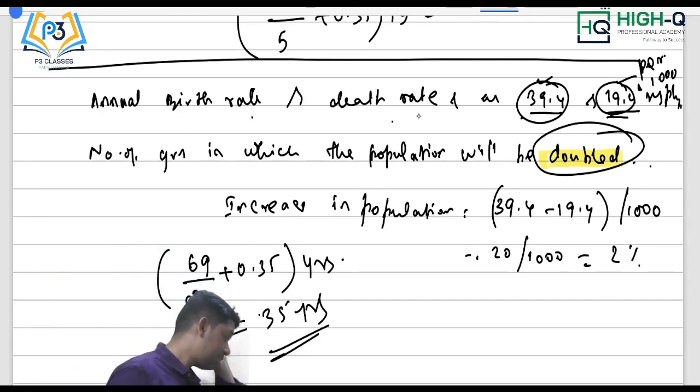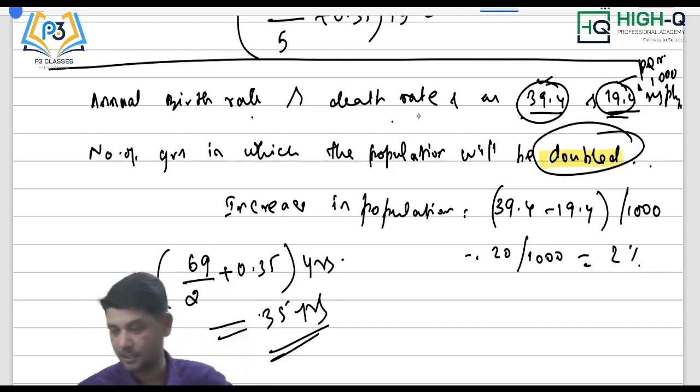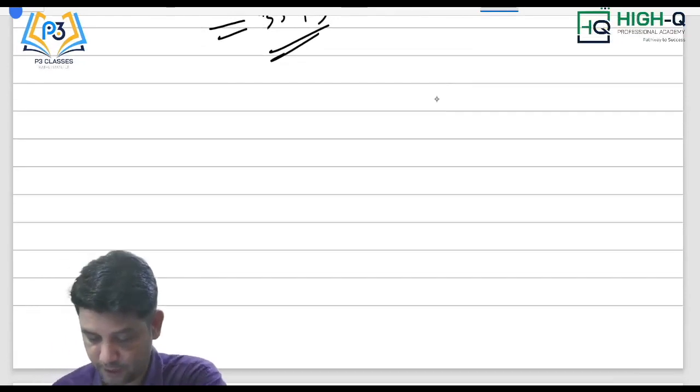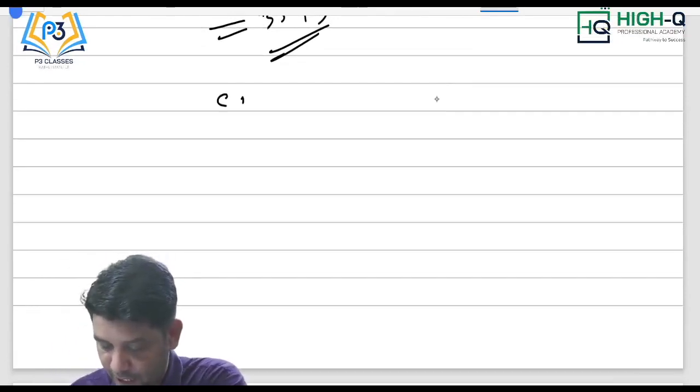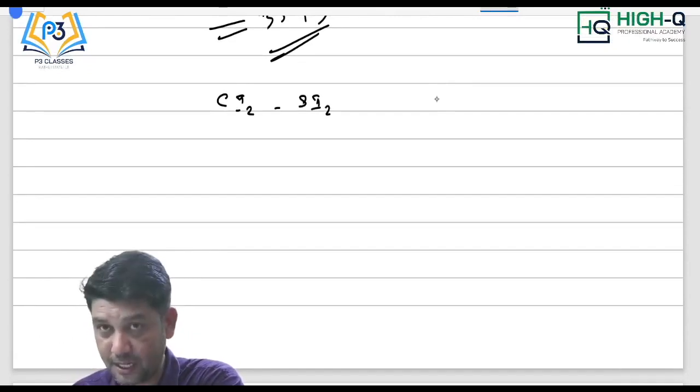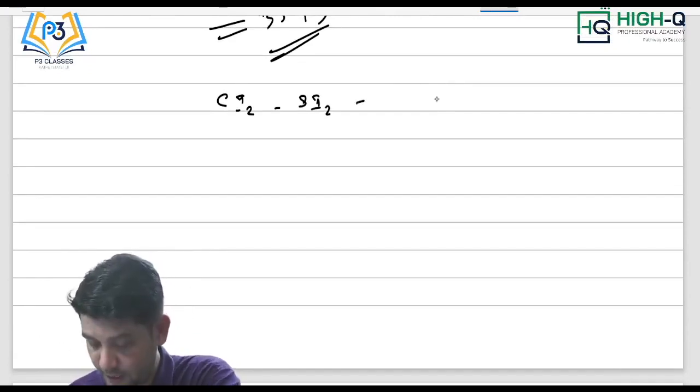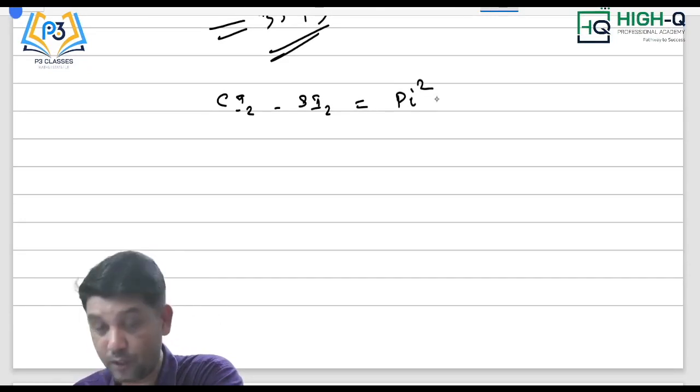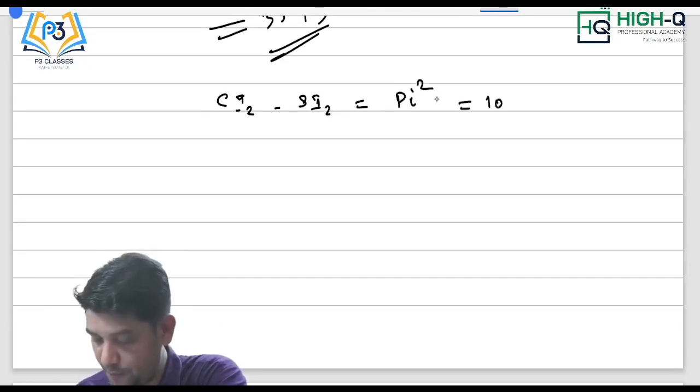Now listen here. One problem I'll do based on the simple interest and compound interest difference. The difference between simple interest and compound interest on a certain sum for 2 years at 10% per annum is 10 rupees.